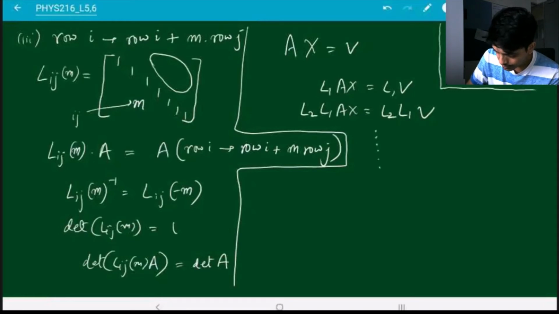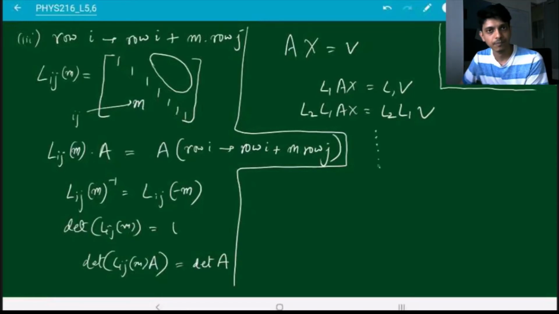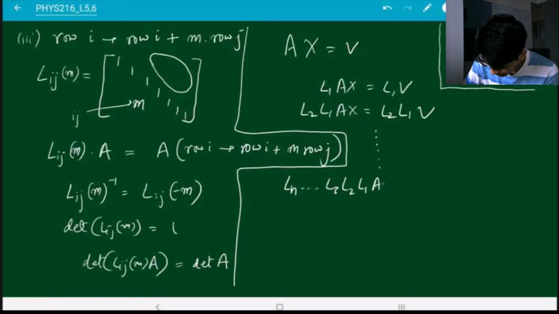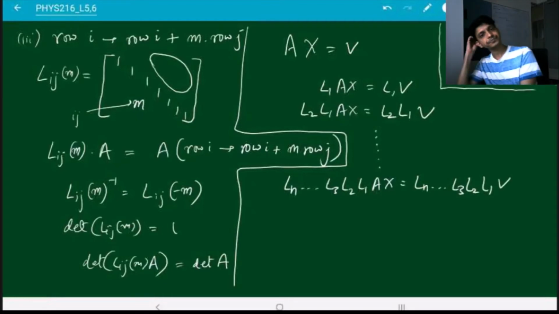For each of those elementary row transformations that you wanted to do, you multiply by the corresponding elementary matrix L1, L2 and so on. So in the end you end up with Ln ... L3 L2 L1 AX is Ln ... L3 L2 L1 V. Your entire complicated process of doing these row transformations has just boiled down to doing a set of matrix multiplications.